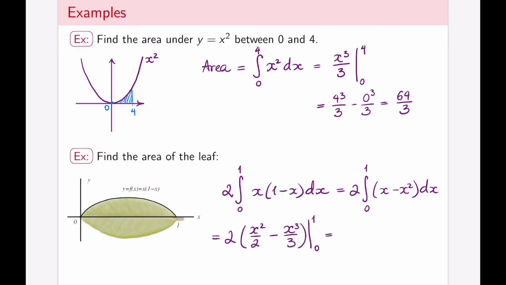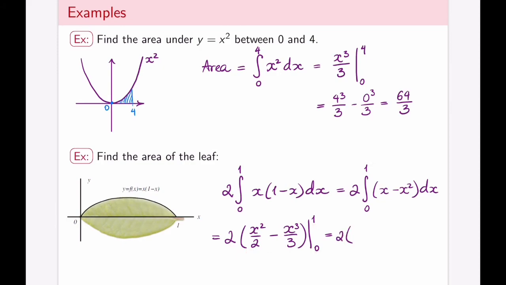Again, as per the fundamental theorem of calculus, I plug in the top number. Here I'm going to have to plug it into 2 spots, minus I plug in the bottom number. Notice that at this point I actually have a little bit of freedom. I could factor the 2 in and then plug in 0 and 1, or I could do it at this point. It really doesn't matter.